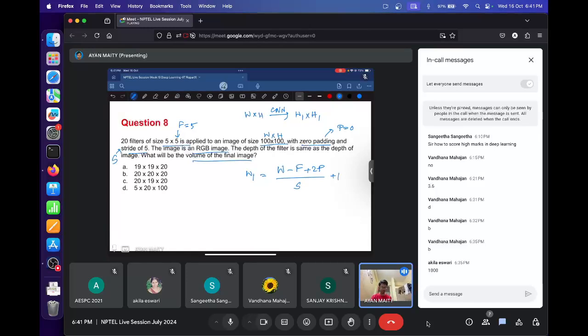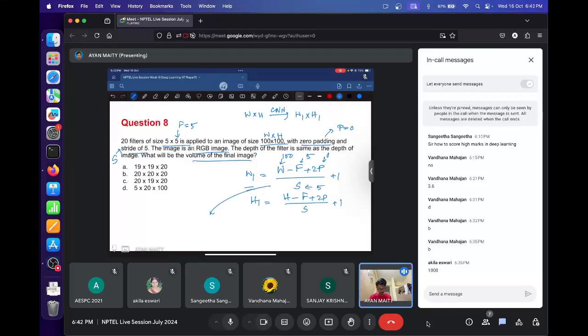So this is the new width, W1. Similarly, H1 can also be computed, the expression remains the same. So H minus F plus 2P divided by S plus 1. So W is 100, F is 5, P is 0, S is 5.